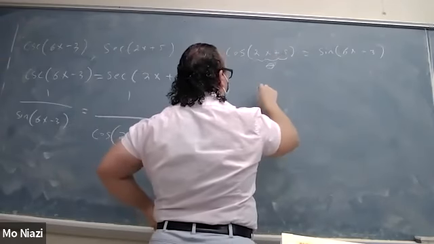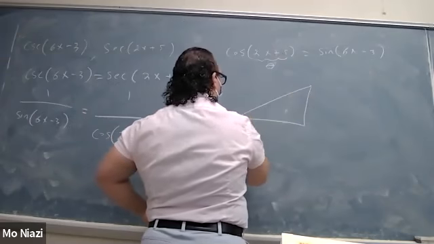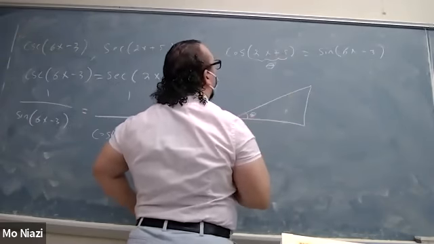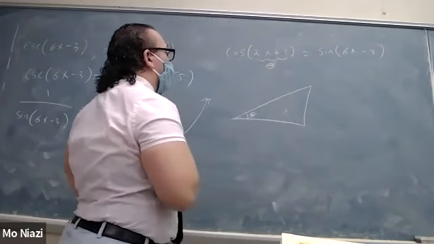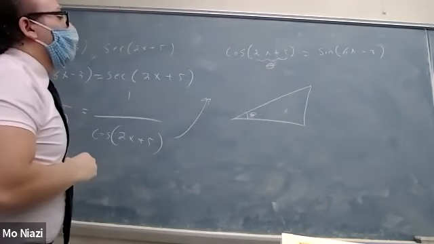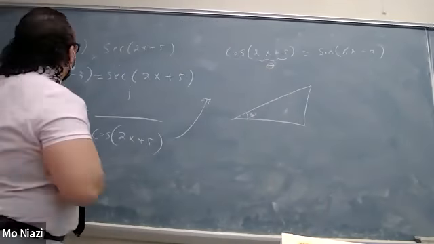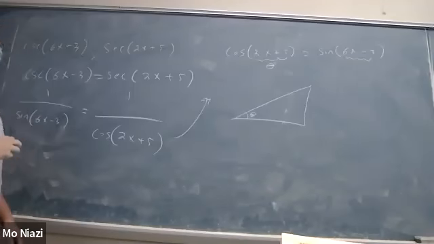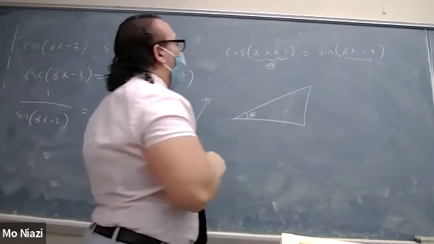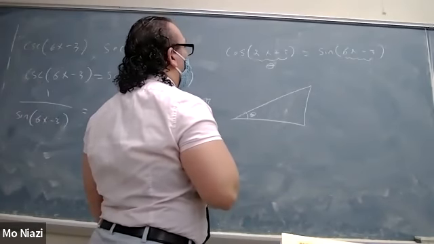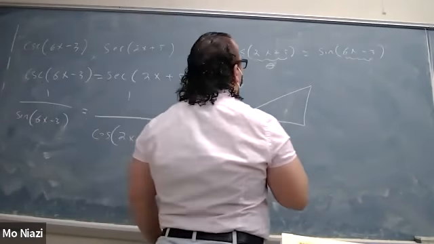So you create a triangle out of it. So cosine of theta. This 2x plus 5 is an angle, and that 6x minus 3 is an angle. So let's say cosine of 2x plus 5 is the same thing as cosine of theta, where theta equals 2x plus 5.